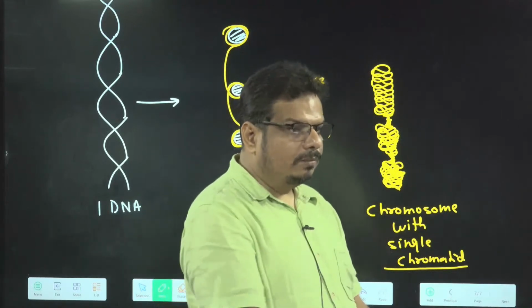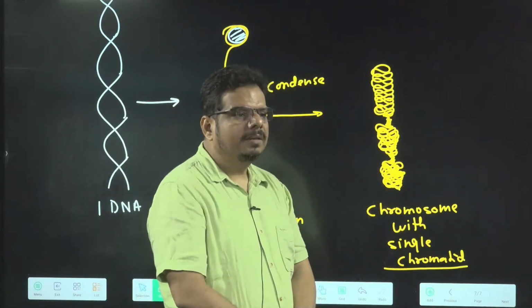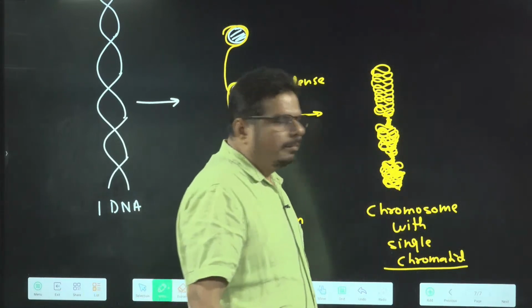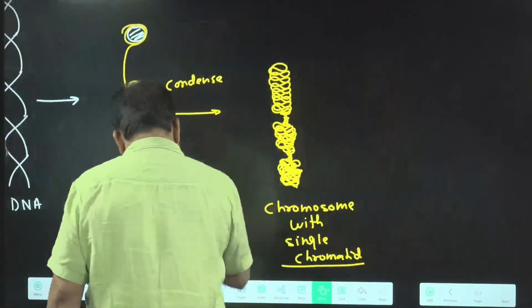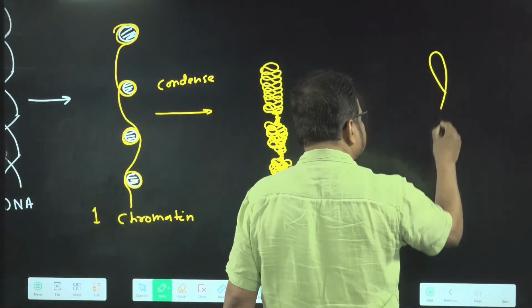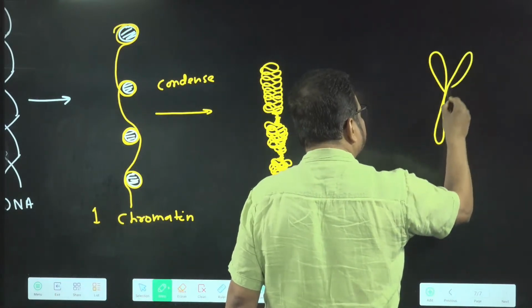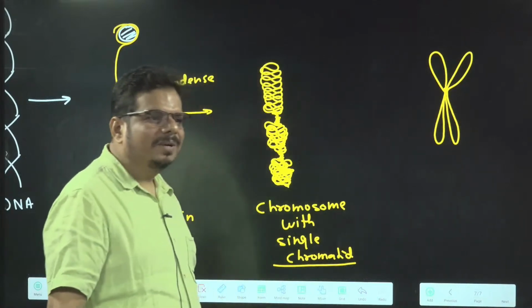Many times students get confused. No sir, it is not a chromosome, it is a chromatid, na? Because in everyone's mind, the picture of a chromosome is generally like this.